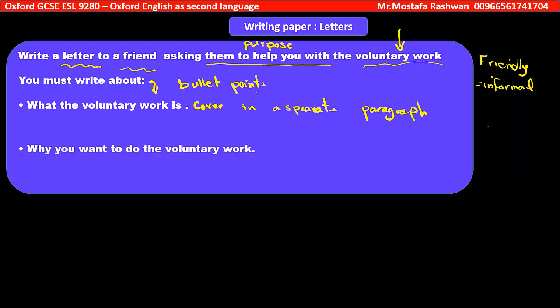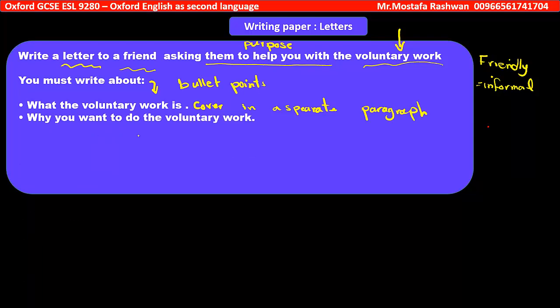After the introduction, then why you want to do the voluntary work. It means like why you want him. You need reasons for why you want to do this work. The third point is why your friend should help.